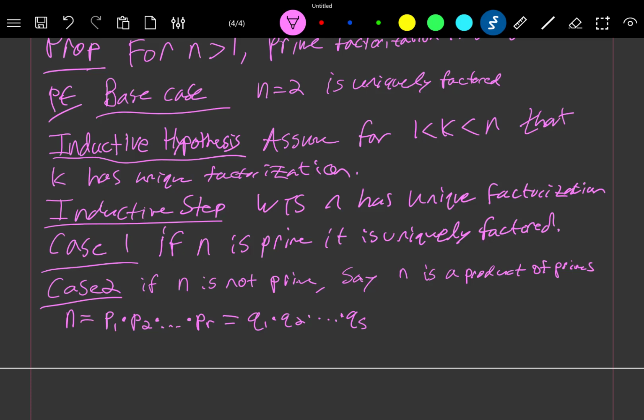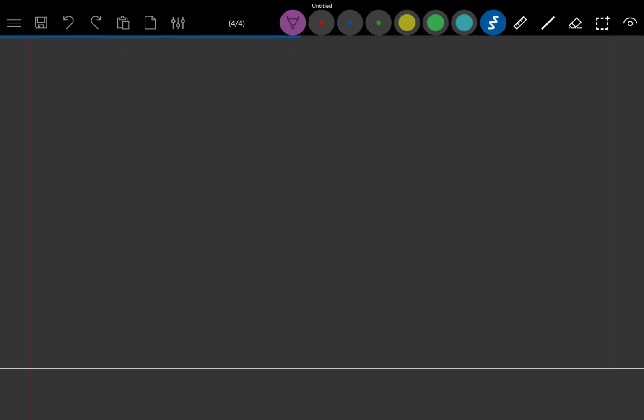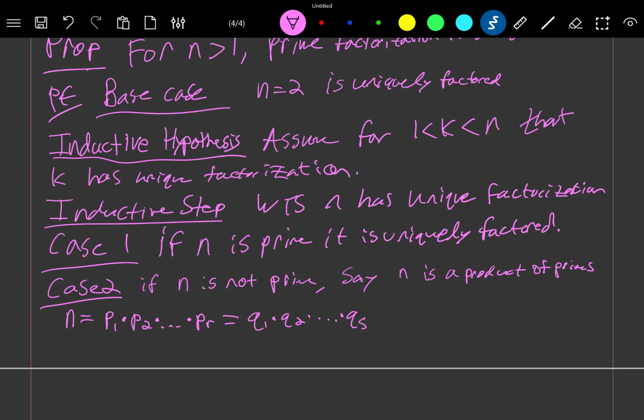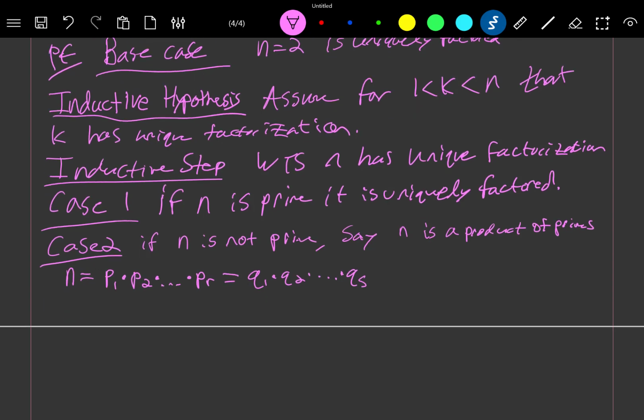So we want to show that each of these factorizations are the same. So let's pick p1. The claim here is that p1 divides q sub... let's also make it so that they're strictly increasing.